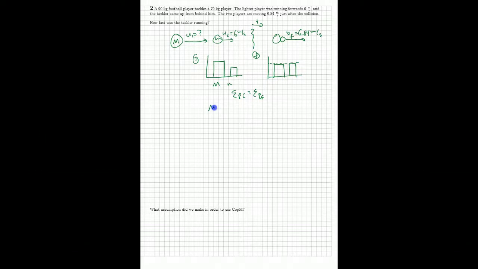So m1u1 plus m2u2 is going to be, I'll call this one object moving at velocity vf, and I want to find u1. So I'll bring that over.